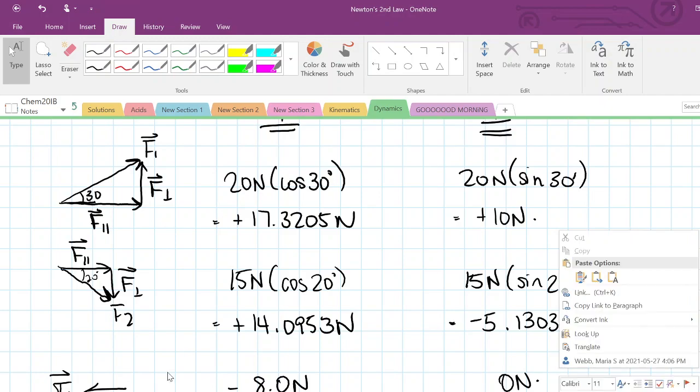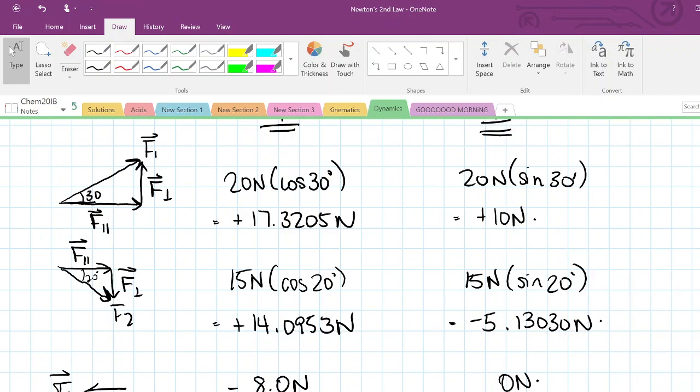Now, the same rules apply as with kinematics. The net force is my resultant force. So what I'm going to do is take the sum of the 17, the 14, and the negative 8, and I get positive 23.4 and change newtons. I'm going to do the same thing here with the perpendicular components, and I get positive 4.8 newtons.